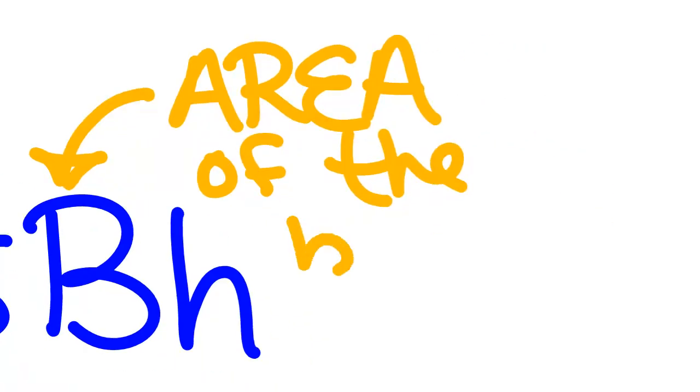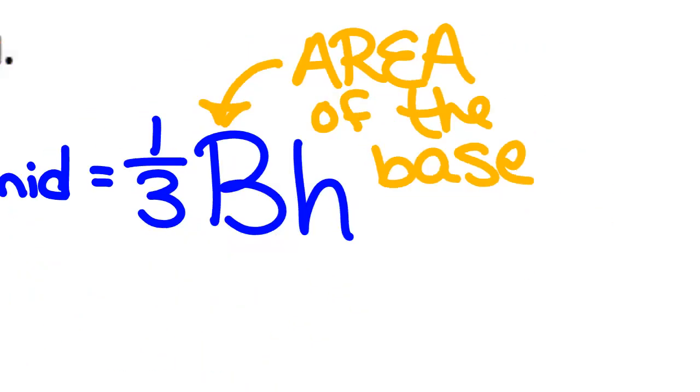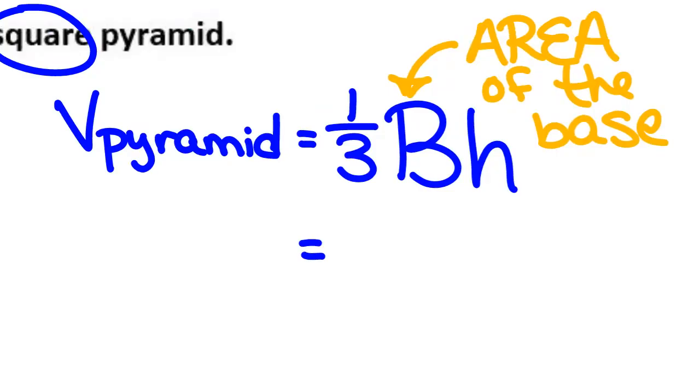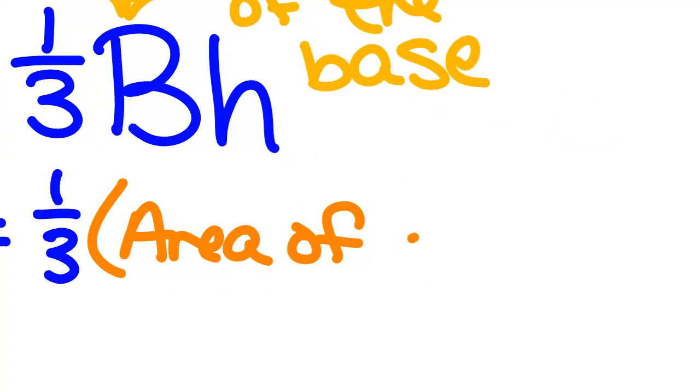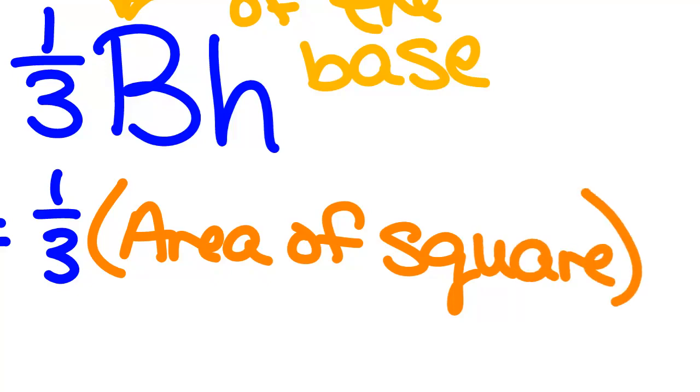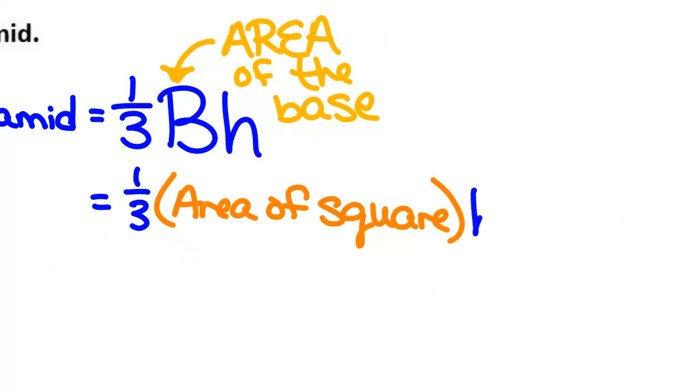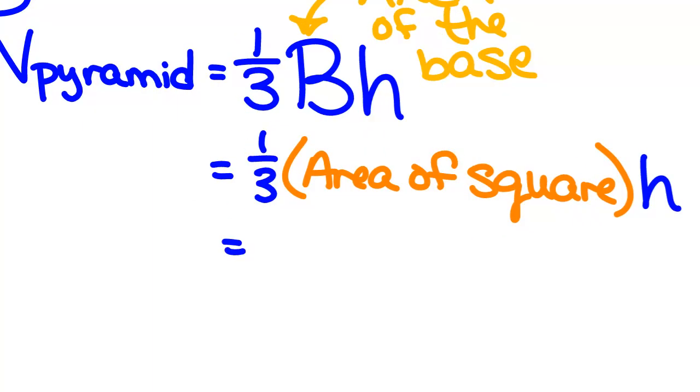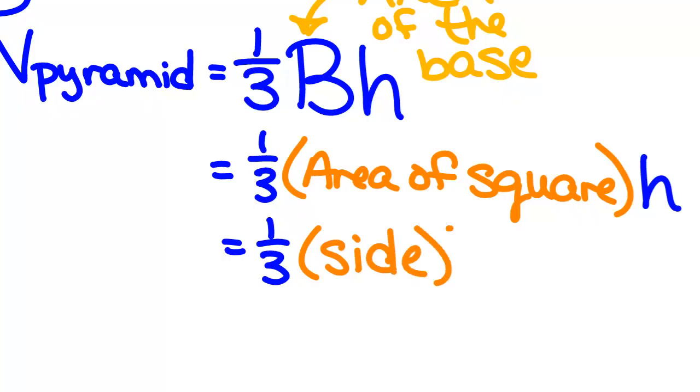What shape is the base? A square. So this becomes 1/3 times the area of a square times the height. How do we calculate the area of a square? Side squared. So 1/3 times side squared times the height.